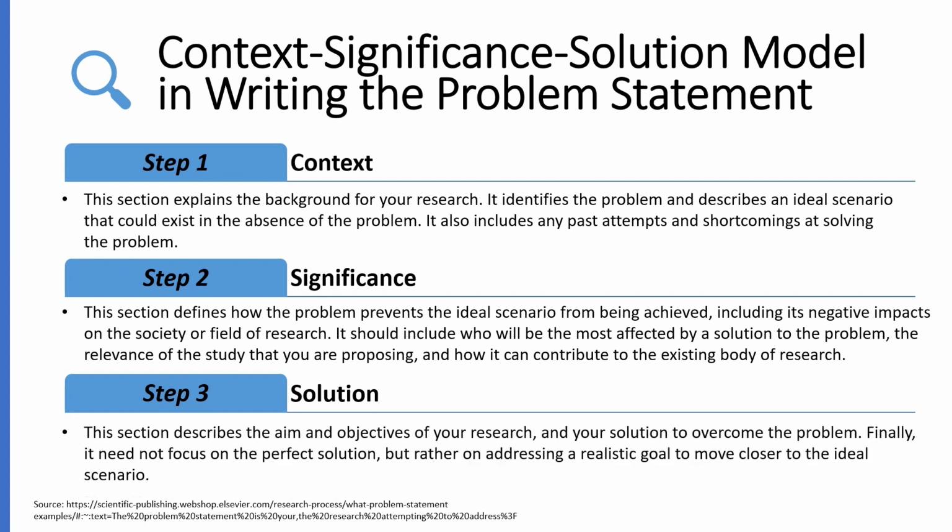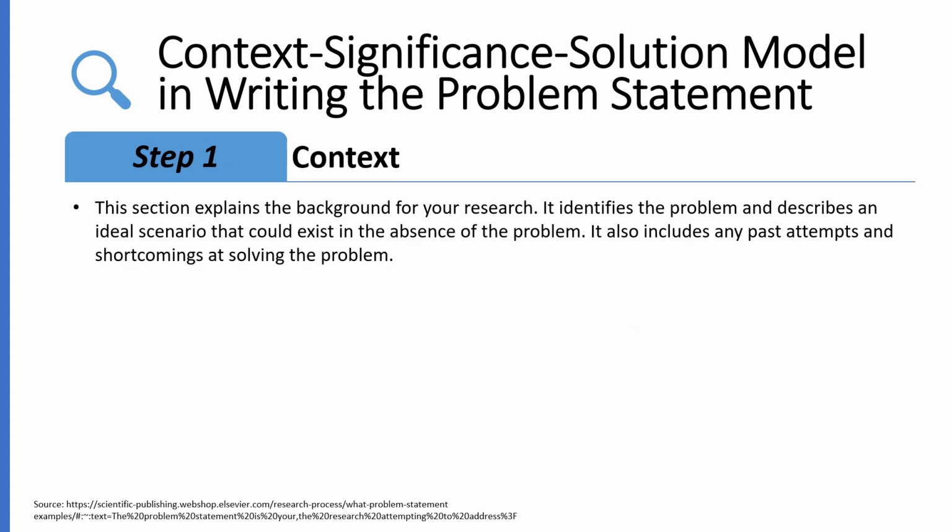And in step 3, the solution. So in this section, you describe the aim and objectives of your research and your solution to overcome the problem. Finally, it need not focus on a perfect solution, but rather on addressing a realistic goal to move closer to the ideal scenario. Let's dissect each of these steps one by one.